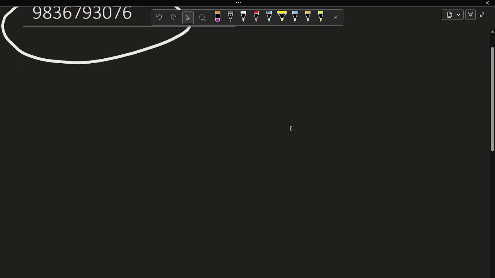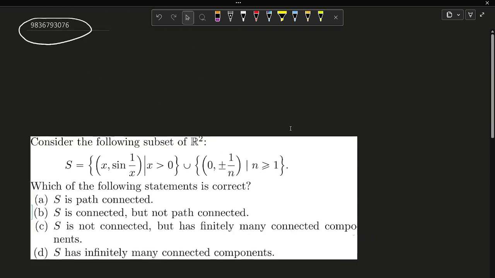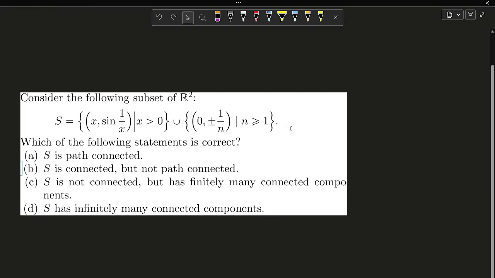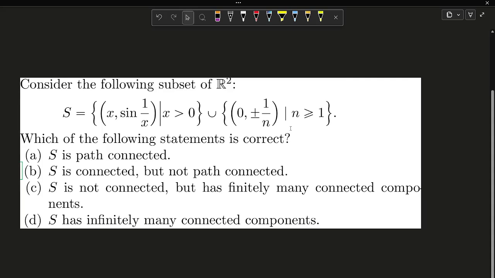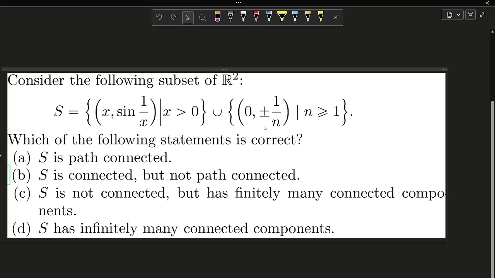Okay, so now we are solving a question that appeared on the 2025 TIFR GS question paper. This question tells us to consider the following subset of R square, where S is equal to the ordered pairs (x, sine 1 by x), where x is greater than 0, union the points (0, plus minus 1 by n).